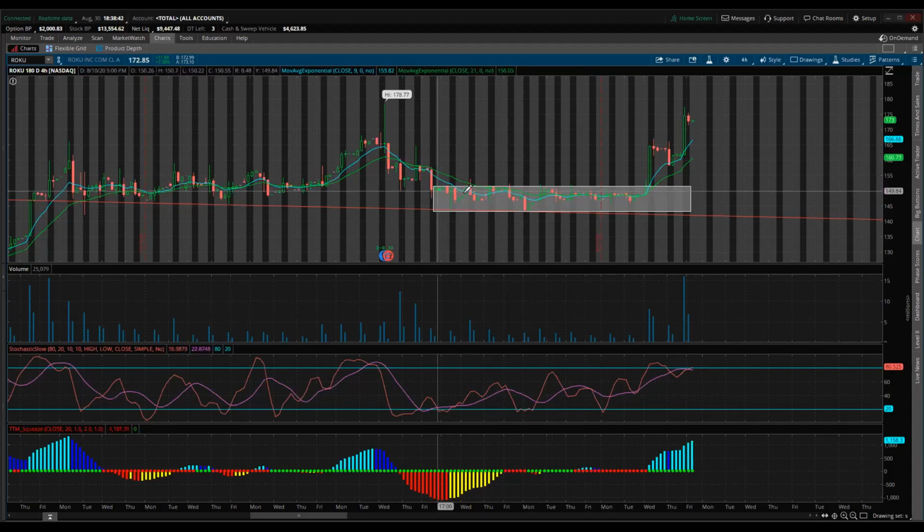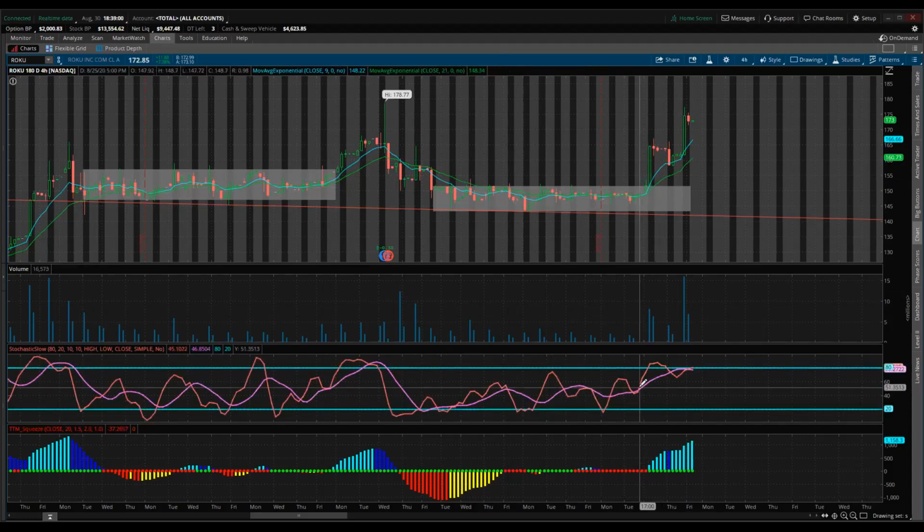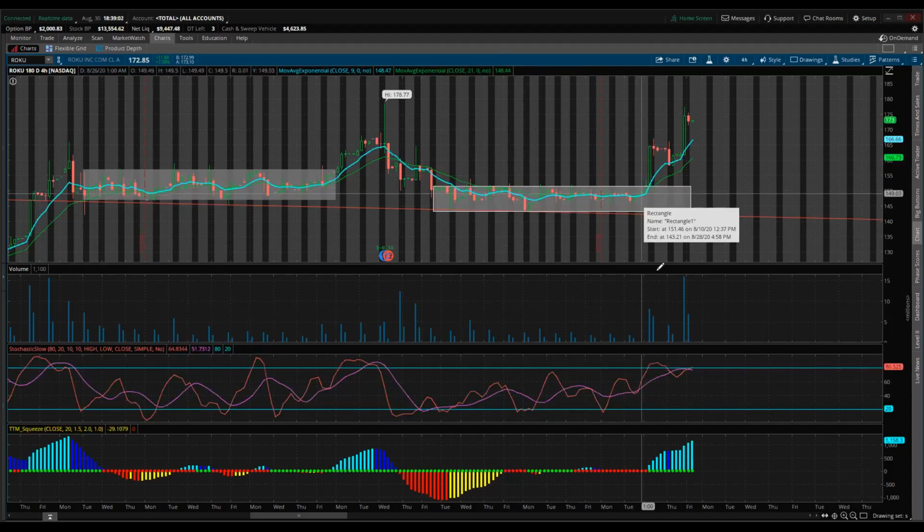It did this for 12 days, and then after it did it for another 12 days here, once we saw that break of that channel, look how Roku just pumped up. We see a break of the channel, as well as good volume, as well as stochastic slow, and the 9 and 21 EMA, and the TTM squeeze just went. And it also broke all-time highs, pretty sure.